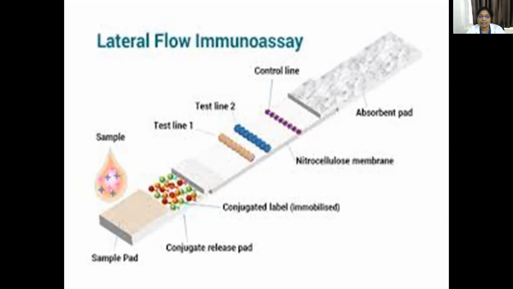The antigen that we need to detect from the patient sample gets sandwiched between two antibodies. What will be the two antibodies? One is called the capture antibody, which is present in the test line. Another one is the labeled antibody, or conjugated antibody.